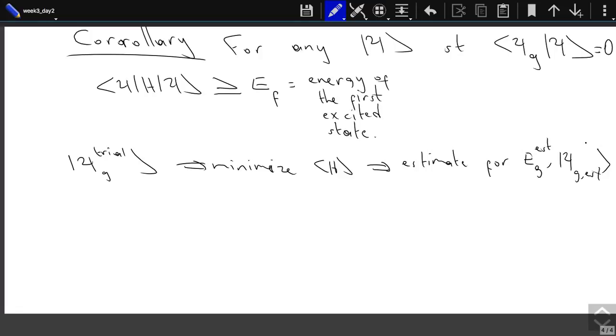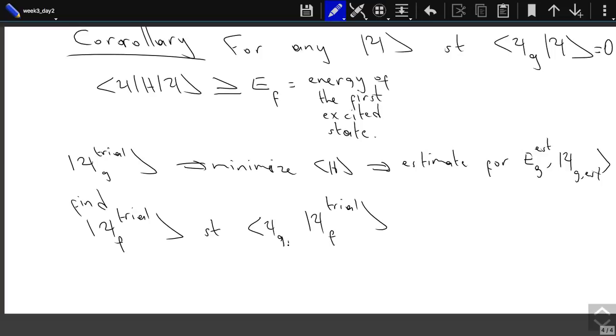So you have an estimate for the ground state wave function. Now the next thing, find a psi first excited state trial such that this trial wave function for the first excited state will be orthogonal to your estimate of the ground state.